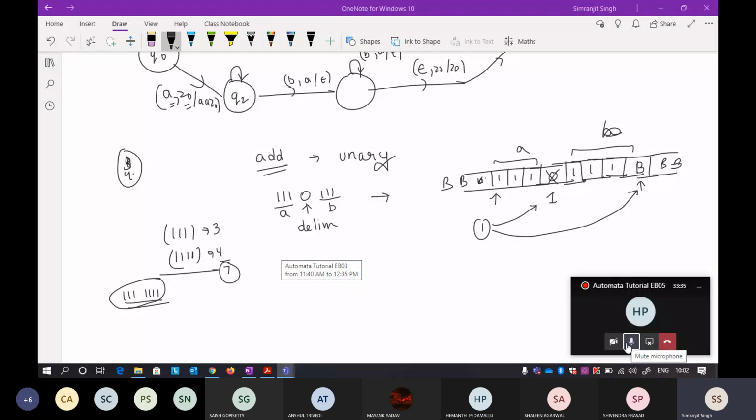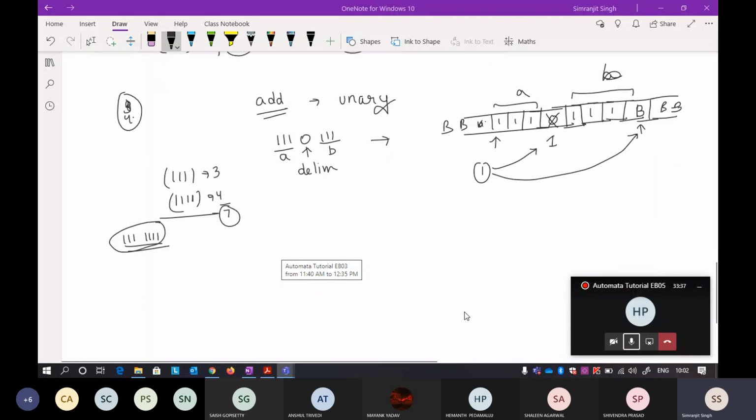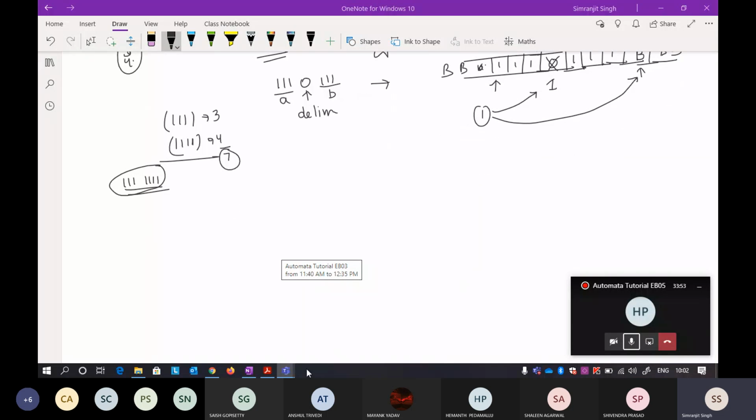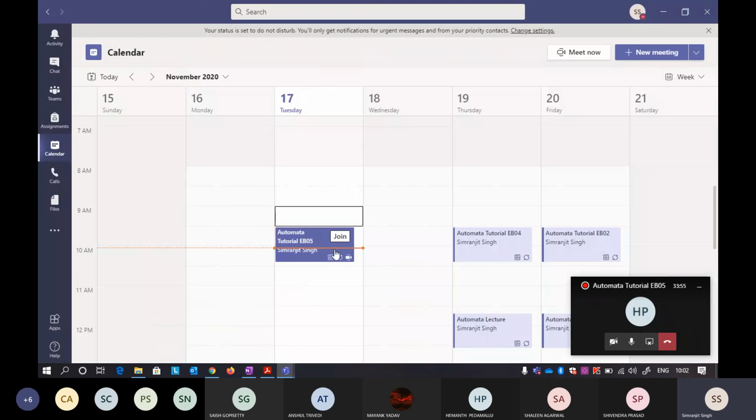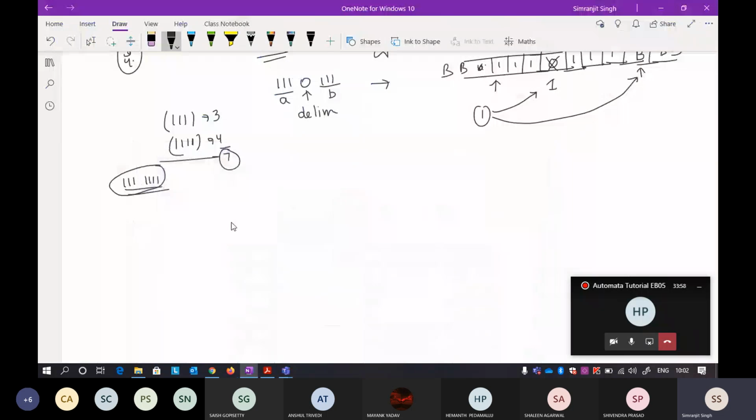Okay, so how to solve this one? I've already told you the steps.